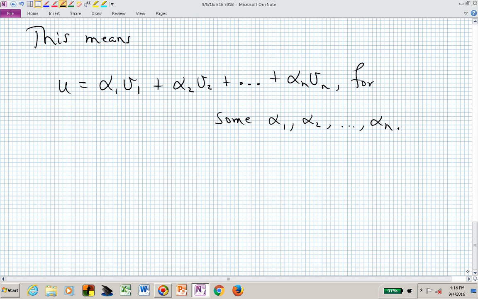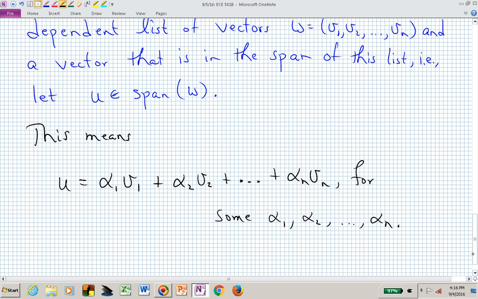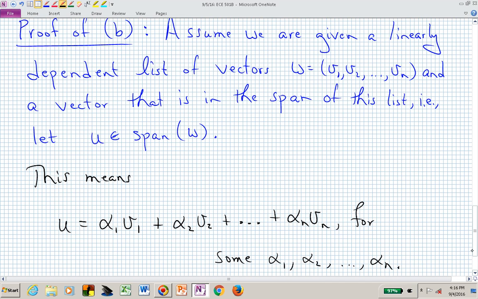Now what we want to do is show that we can actually remove a vector from this original list that's contained in the set W. It's a linearly dependent list.